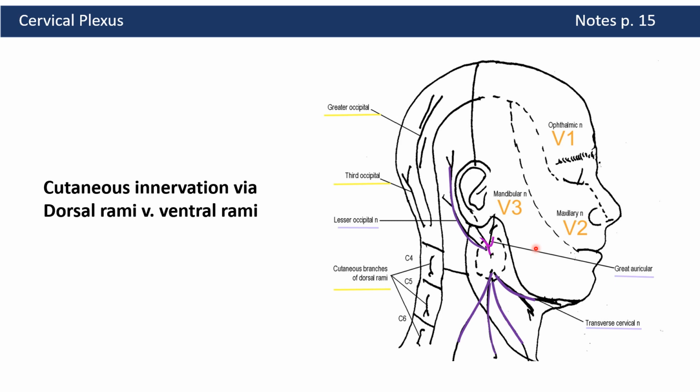All three, however, are responsible for sensory innervation. So V1, which is the ophthalmic nerve and its branches, V2, which is the maxillary nerve and its branches, and the mandibular nerve, all are responsible for sensory innervation to the face as shown. And so sensory is all three divisions of the trigeminal nerve, whereas motor innervation is only by that third division, which is the mandibular division.